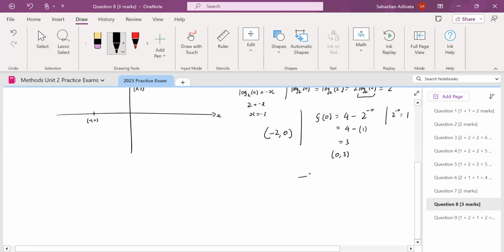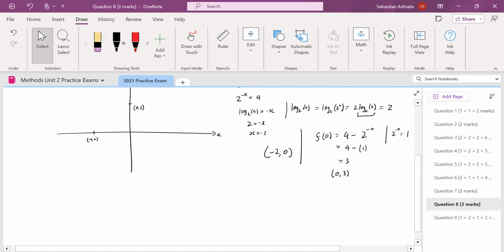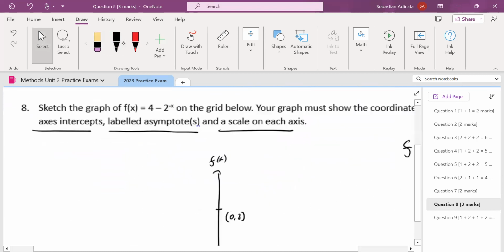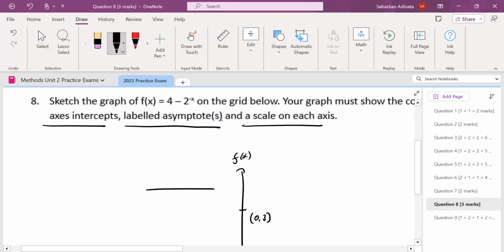So 2 to the negative x can never equal 0, meaning f of x can never equal 4. So here is our asymptote at f of x equals 4.